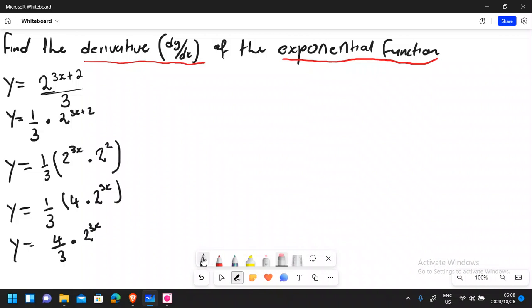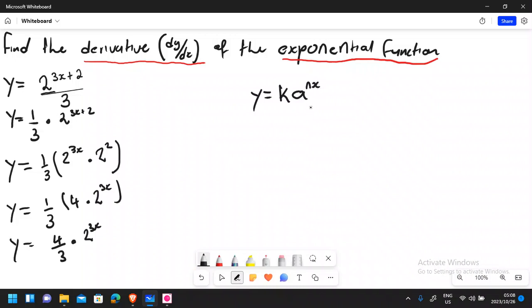All right, let's continue. So guys, now when it's like this, now you can start selecting the formula here. So the formula for this one obviously is going to be k, because we do have a coefficient of a base, and then we have our base here, which is going to be a, and then we have n, the coefficient of exponent, which is x.